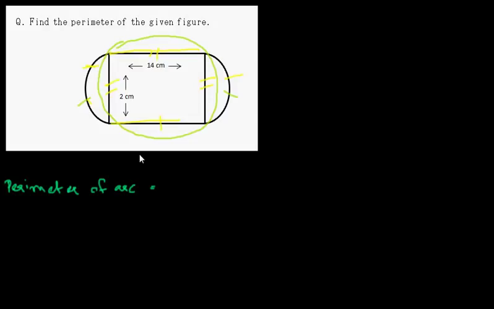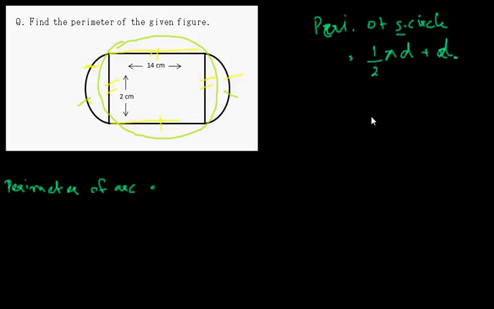Now remember that the formula for the perimeter of a semicircle is, perimeter of a semicircle, S means semi, is half pi d plus d.